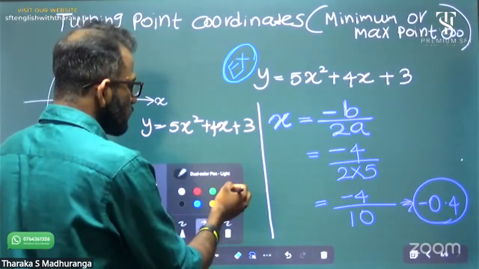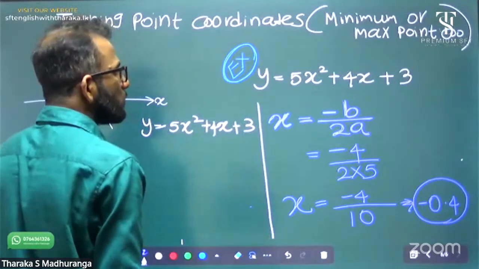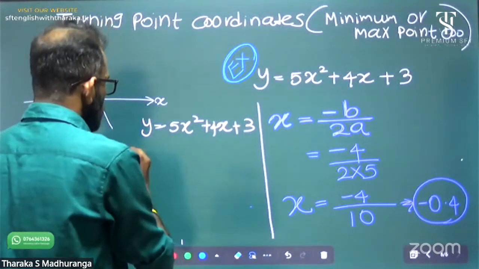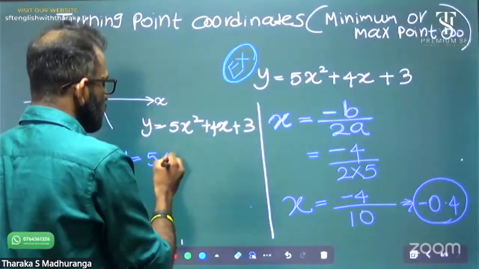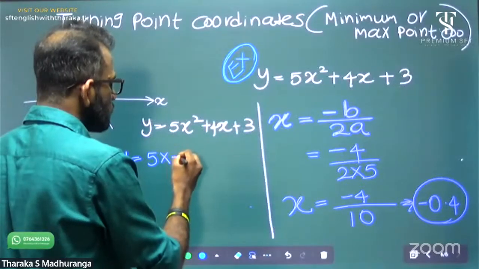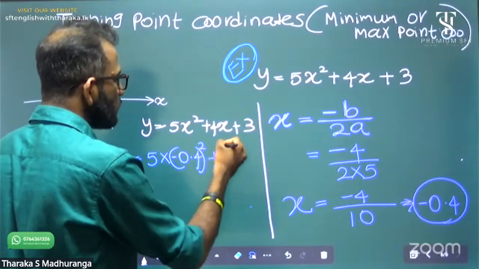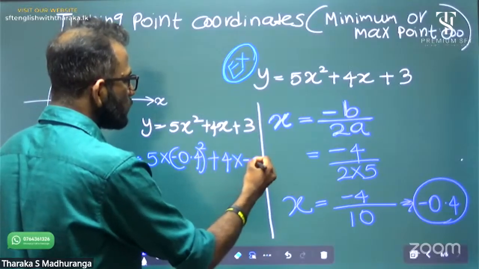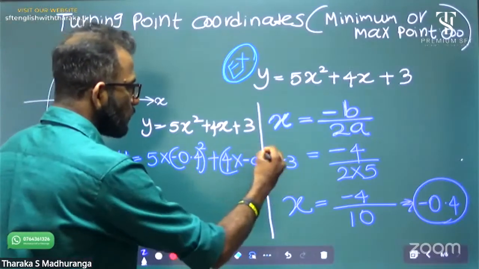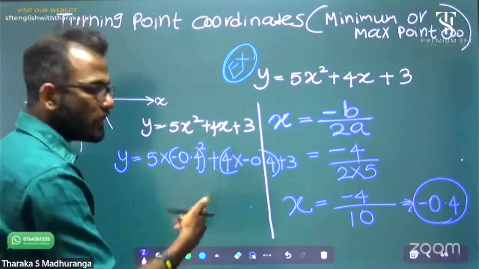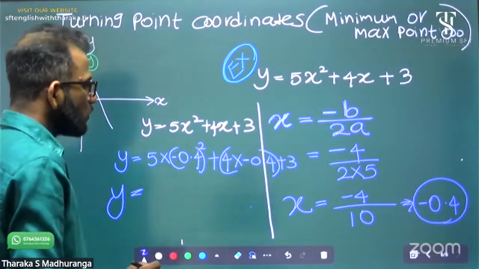Now you can substitute x equals minus 0.4. Now y equals 5 into minus 0.4 squared plus 4 into minus 0.4 plus 3. I just substitute into our common equation, then I can get an answer. What's 0.4 squared?